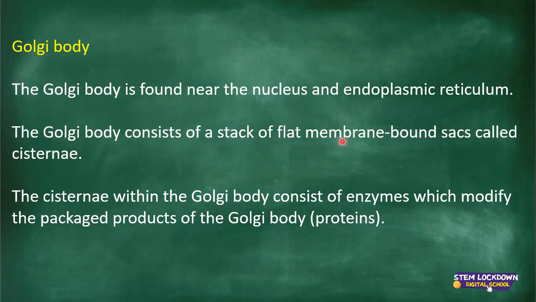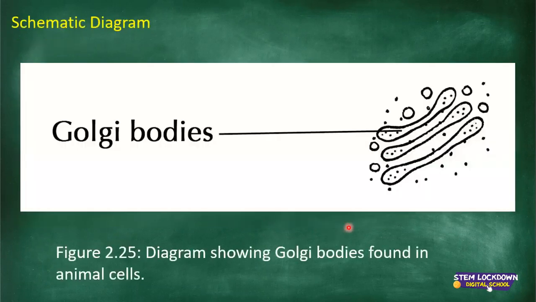There are flat membrane-bound sacs, lots of them. The stack of them are called what? Cisternae. The cisternae within the Golgi body consist of enzymes which modify the packaged products of the Golgi body. These are the proteins. So it consists of lots of enzymes. They modify these proteins. This is a schematic diagram of the Golgi body.